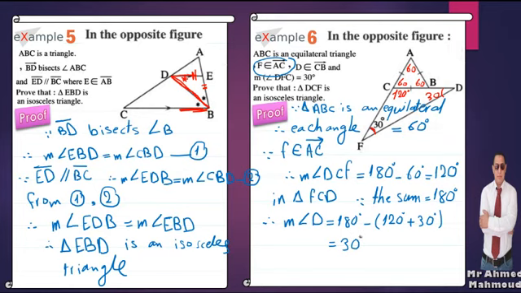Therefore, measure of angle D equals measure of angle F equals 30 degrees. Therefore, the triangle is an isosceles triangle. And this is the end of the lesson.